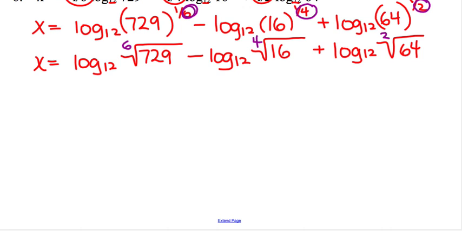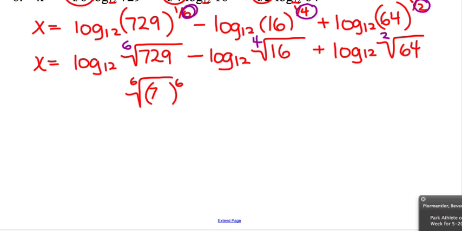So we're looking for numbers raised to the 6th power. So what raised to the 6th power would give you 729? So just start off with maybe 2 to the 6th. Nope, that doesn't work, that's 64. So let's try 3 to the 6th. That's 729, it is 3 to the 6th.